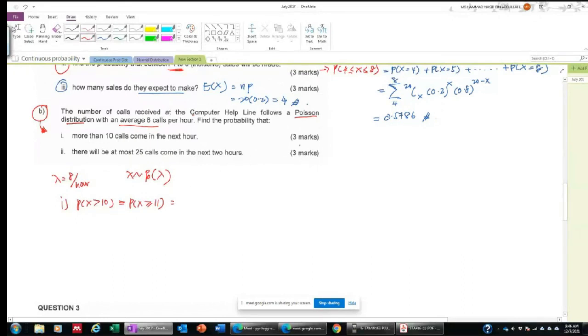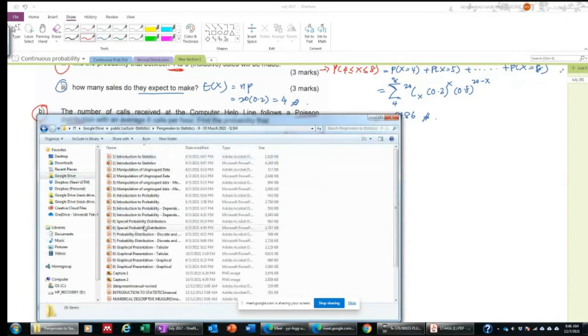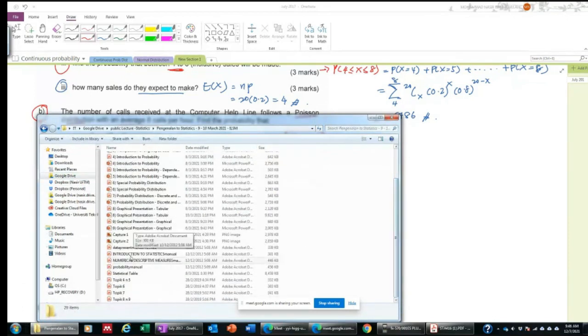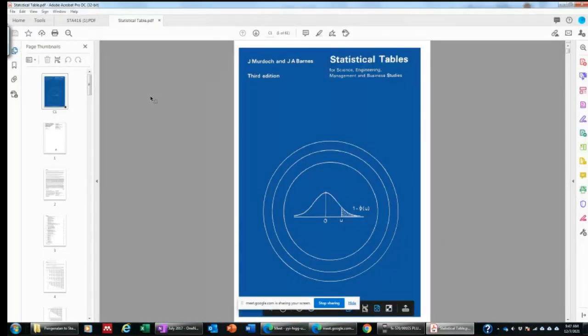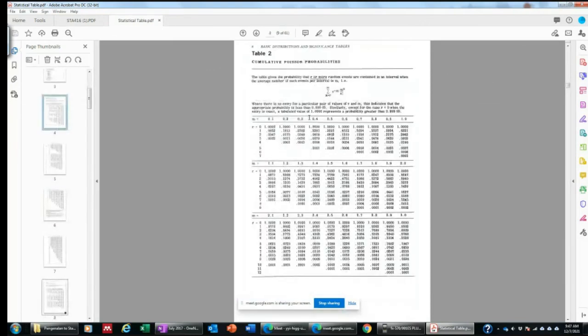So if you want to calculate, because this is 3 marks, I don't really expect you to directly give the answer from the statistical table. So I believe you already have the statistical table. I will not provide it in the final exam. You have to find it yourself. I already gave it to you in the report.